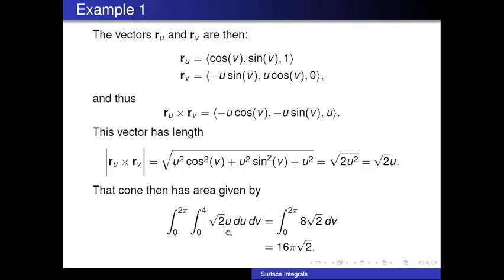And so what do we get? The first one, we'll have u squared over 2, and 4 squared over 2 is 8. So we get 8 square roots of 2. And we'll integrate that from 0 to 2 pi and get 16 pi times the square root of 2.